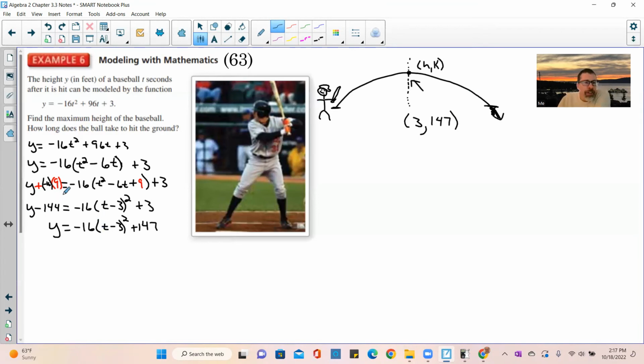Okay, well, we want to find the 0. We want to know when this is equal to 0. So I'm going to say 0. Let me change colors now. I'm going to write 0 equals negative 16 (t minus 3) squared plus 147.